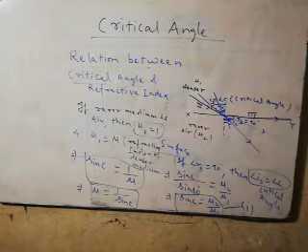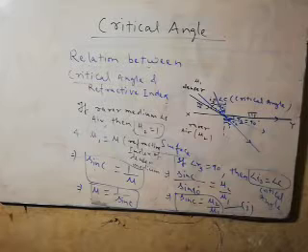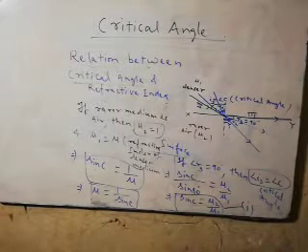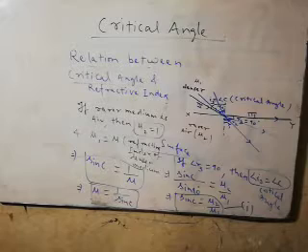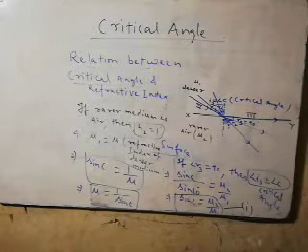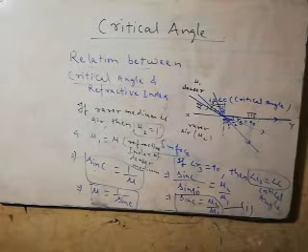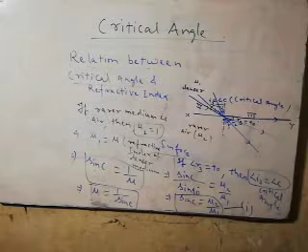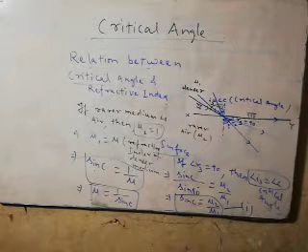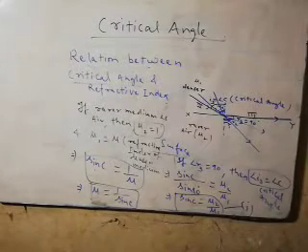If any light ray is incident at more than this critical angle, then it will not refract, but it will go on reflection, and that is the condition of total internal reflection. That we will study in the next video, total internal reflection of light, but that starts from critical angle. Okay, and refraction is converted to reflection.